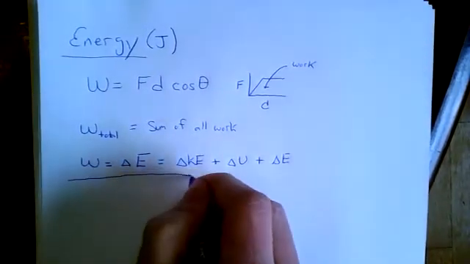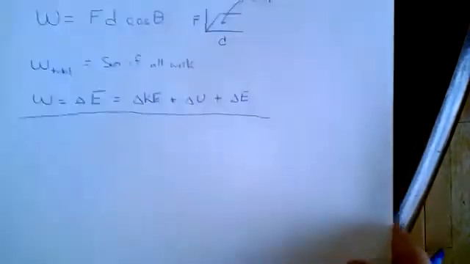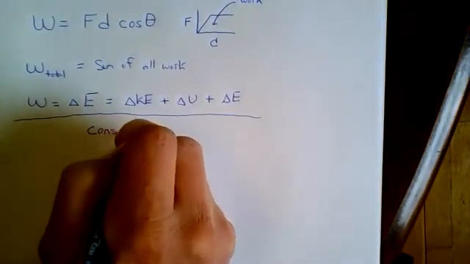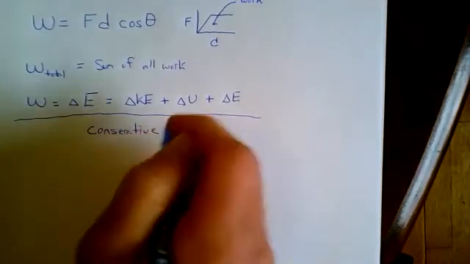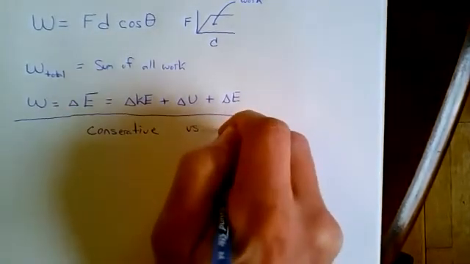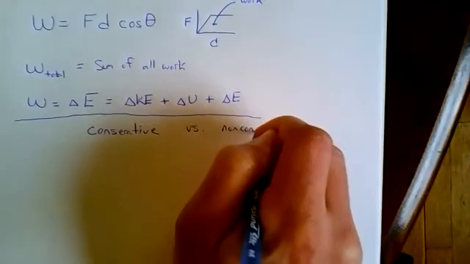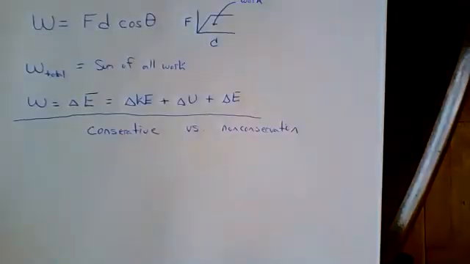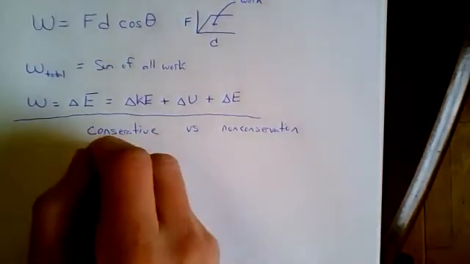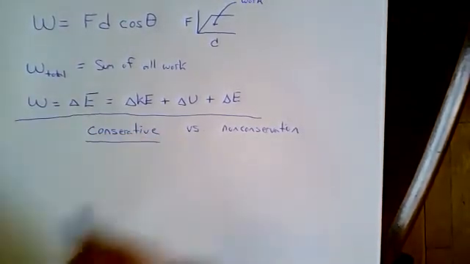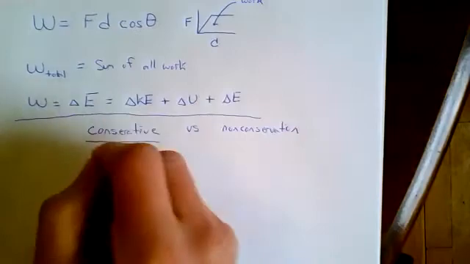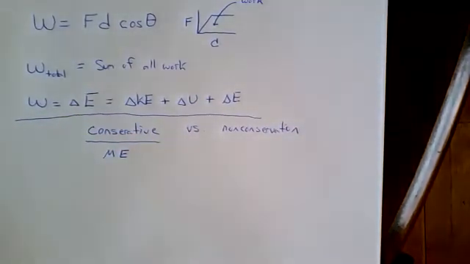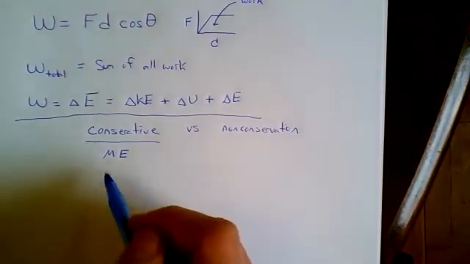So let's separate that idea out. You do want to be aware of these two terms: conservative versus non-conservative forces. Conservative, those are the forces we're used to seeing. Those are the mechanical energy ones.